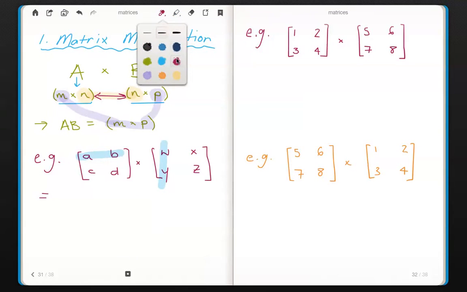That's going to give us A times W plus B times Y. I'm not going to write the times because we do have an X up here and I don't want you to get confused. So we're just going to write AW plus BY. That is our blue.